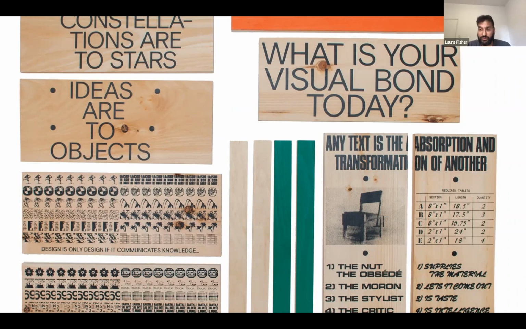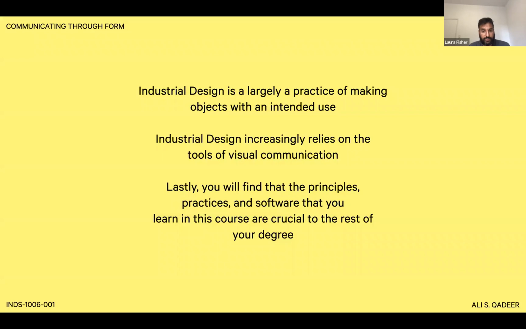Lastly, the last reason why this course matters is that you will find the principles, practices, and software that you learn in this course are crucial to the rest of your degree.